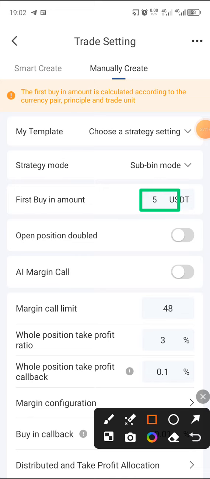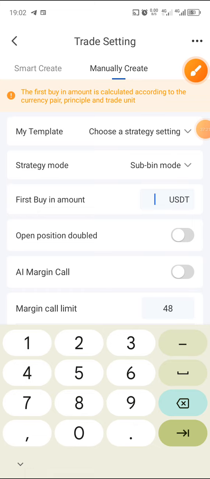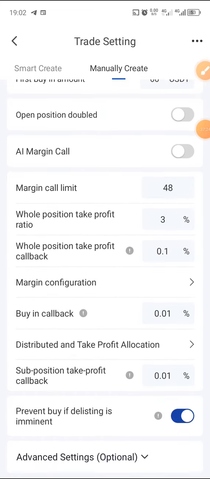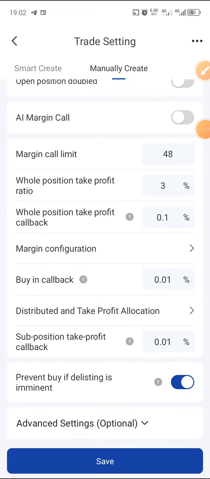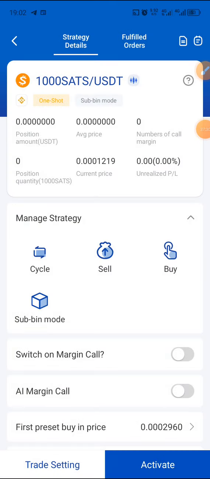So in this case you edit it to your first buying amount, which we saw was the 60. Okay, so after there you click on save, you confirm and activate.